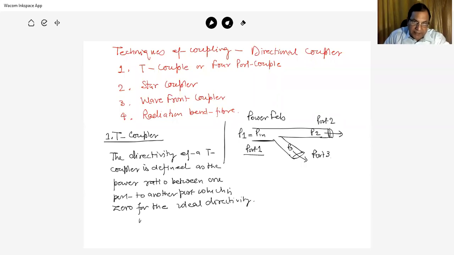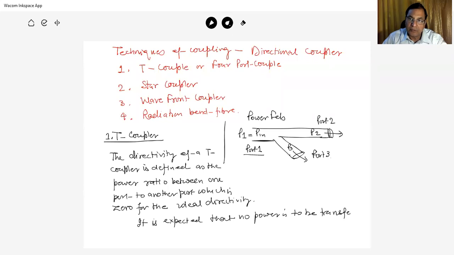It is expected that no power is to be transferred between any two ports on the same side of this coupler.